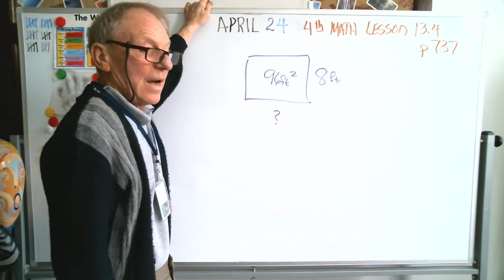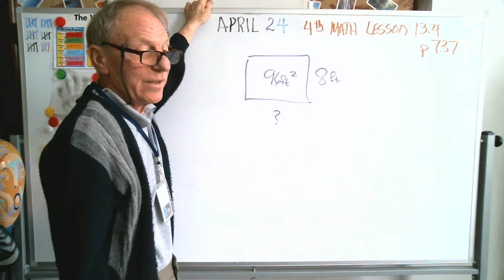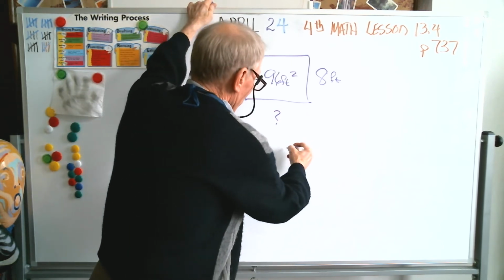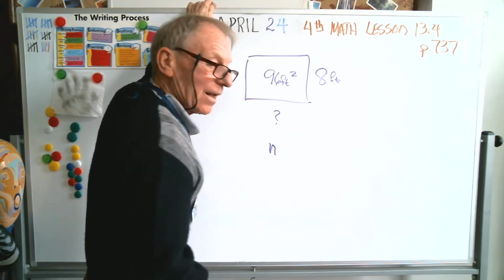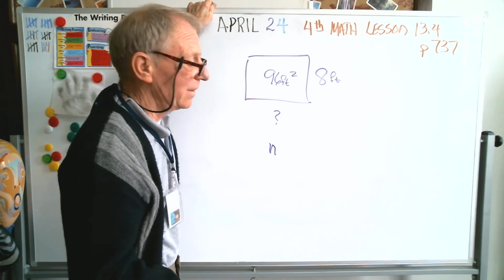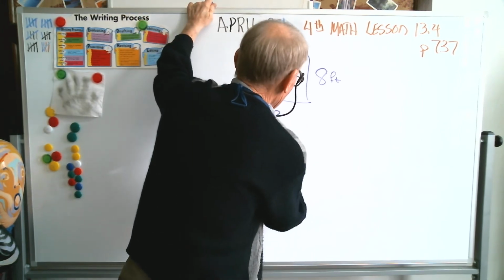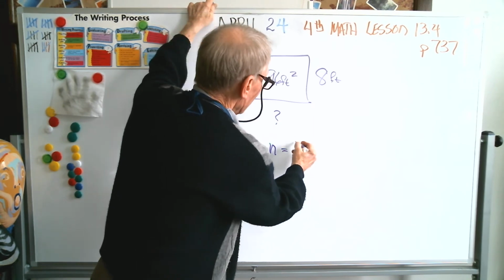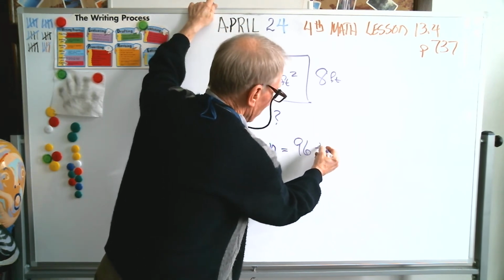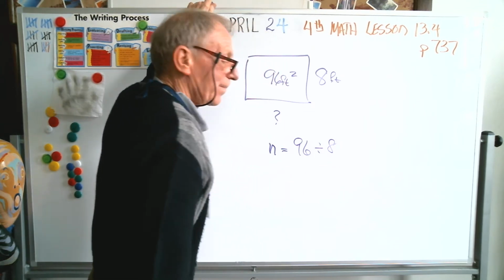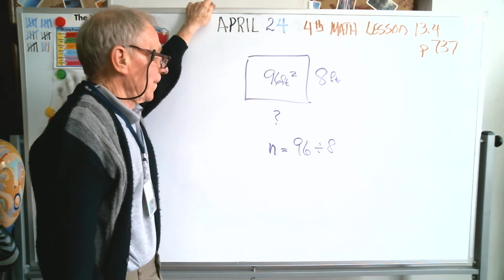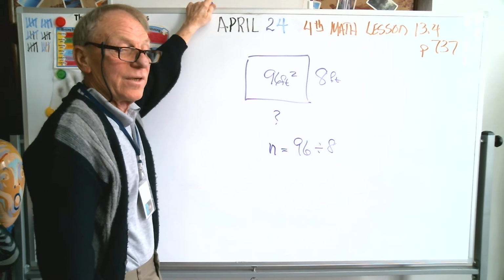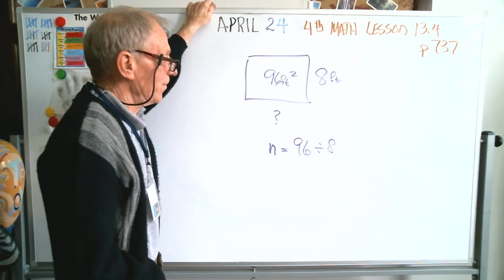So, how are we going to figure it out? We're going to divide. So, our algebraic sentence is going to be n. This equation, n will equal 96 divided by 8. So 8 goes into 96 12 times.